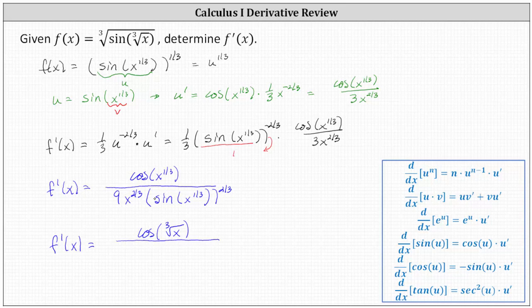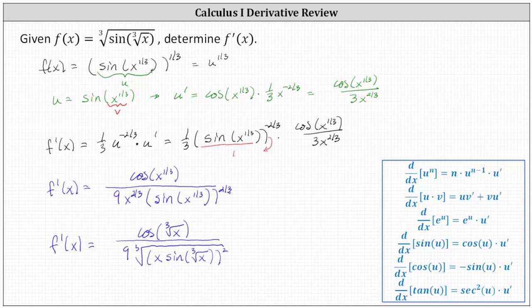In the denominator we have 9, and then notice both x and the sine function have an exponent of 2/3, where the denominator is the index and the numerator is the exponent, which means you can write x to the 2/3 times the 2/3 power of sine of x to the 1/3 as the cube root of the square of x sine of the cube root of x.